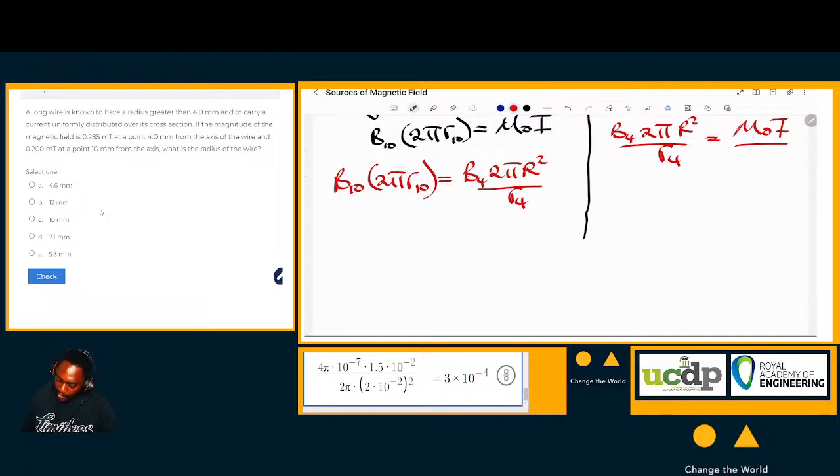Okay, so we've just made mu naught I the subject of the formula from what we did in the previous question.